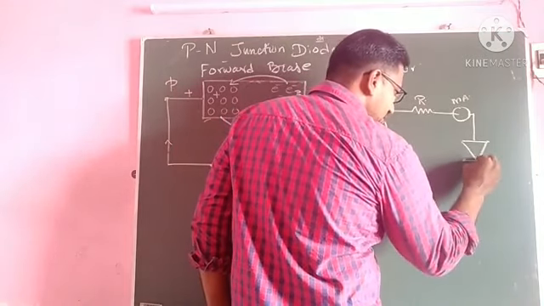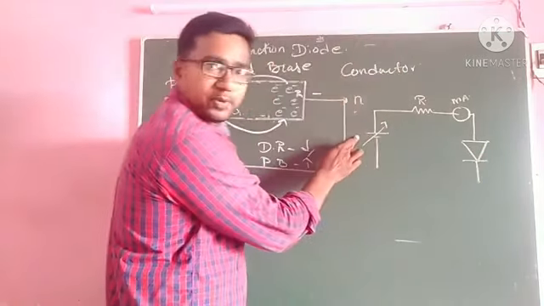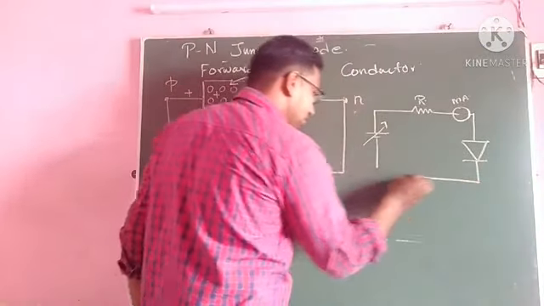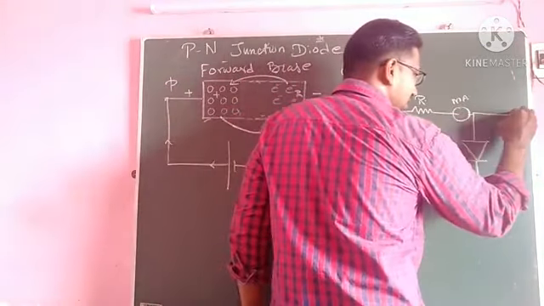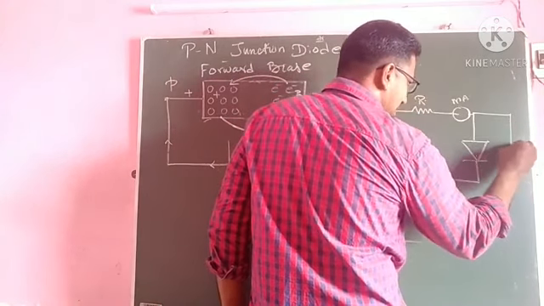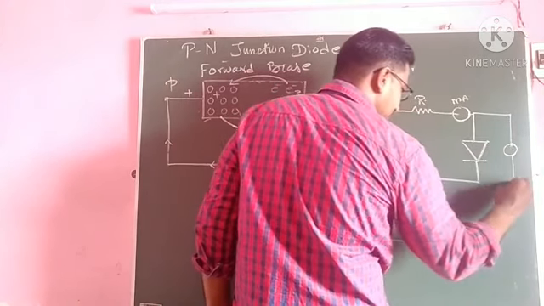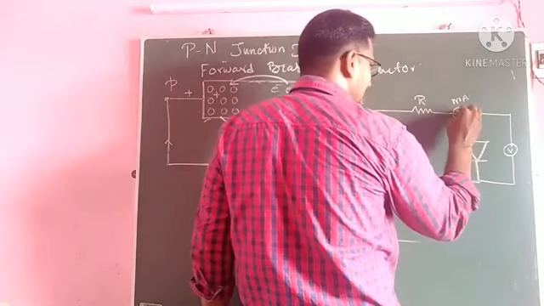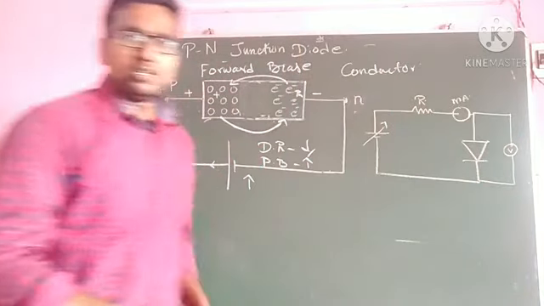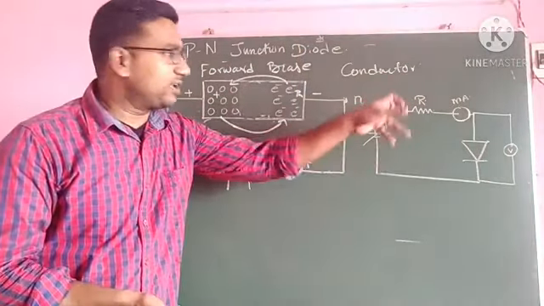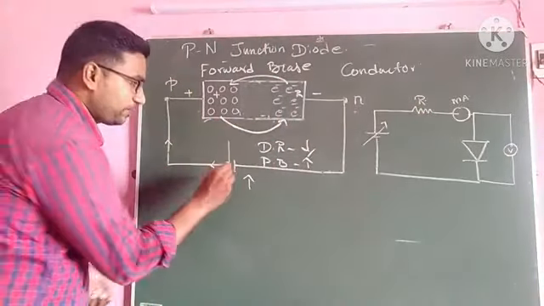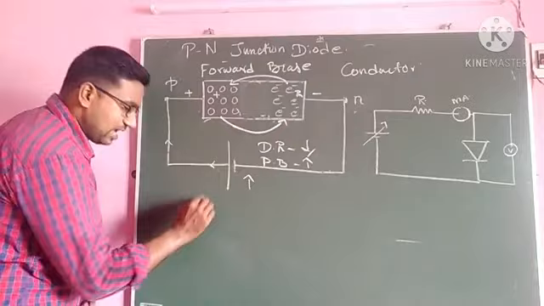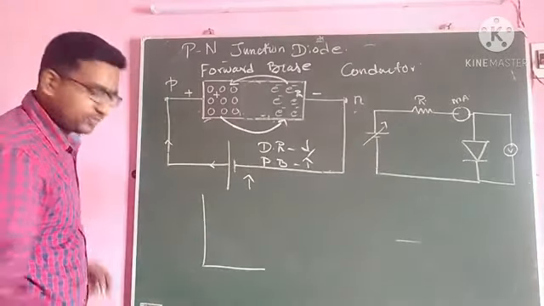The positive terminal is connected to the positive potential and the negative to the negative potential. Then I connect the voltmeter in parallel to the PN junction diode. This is the voltmeter, and this is the ammeter. This is the simple circuit for verifying the characteristics of forward bias. If you increase the forward bias potential, I am going to draw the graph.